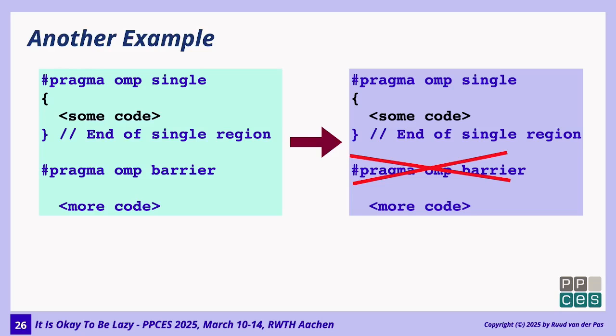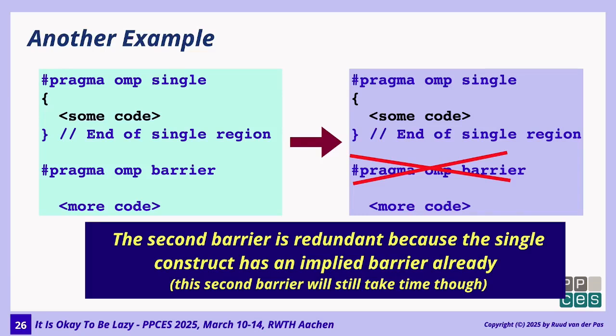That's all in the specs, but you may not notice that. So I have two barriers back to back. Well, admittedly, the second barrier will be fast because all the waiting will have happened in the first barrier, but it still costs you. That second barrier is just overkill. It's not necessary for correctness, and it will just cost you performance, especially as you start scaling the number of threads.